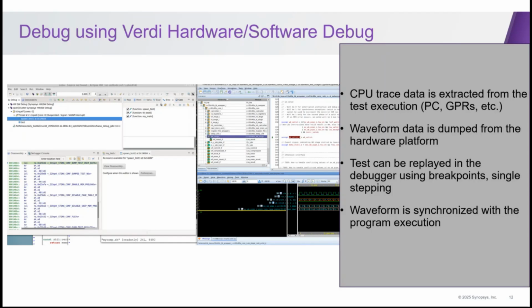Hardware analysis: when I work with our RTL designers, they always ask me, given the waveform, they will look at it.